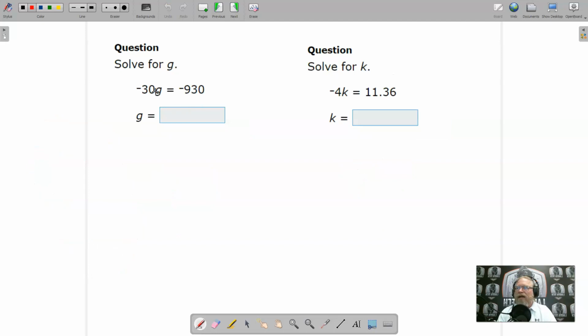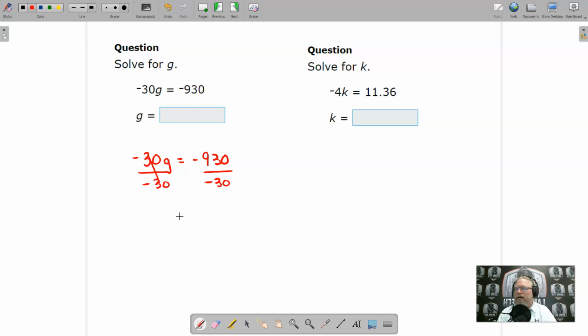Now we're dividing by a negative, right? So we have negative 30 G equals negative 930. Well, the G is tied to the negative 30 through multiplication. The opposite operation is division. We're going to divide by the very number we wish to get rid of. And what we do to one side, we're going to do to the other.